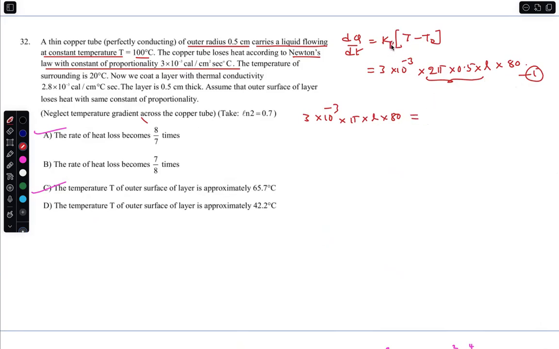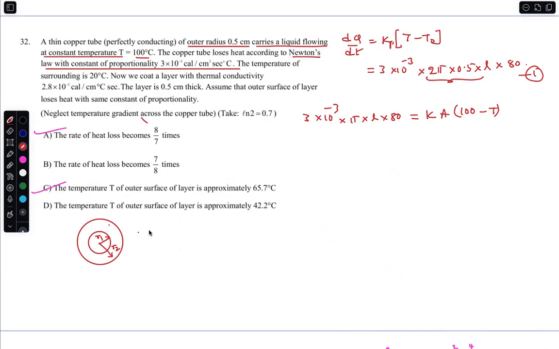let us say this one as K1. Now K A (100 minus T). You know the resistance part. For this arrangement, suppose the inner radius is R1 and the outer radius is R2; we know the expression for the resistance.